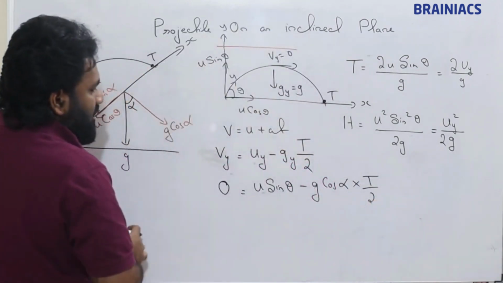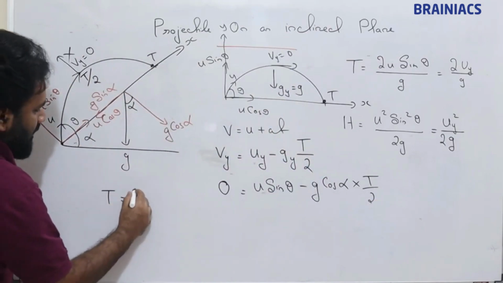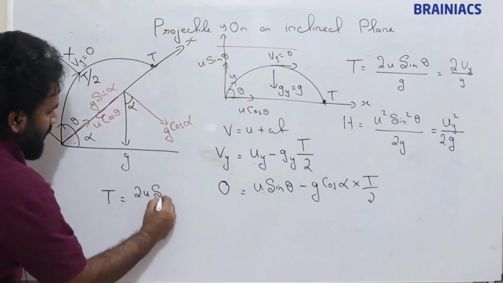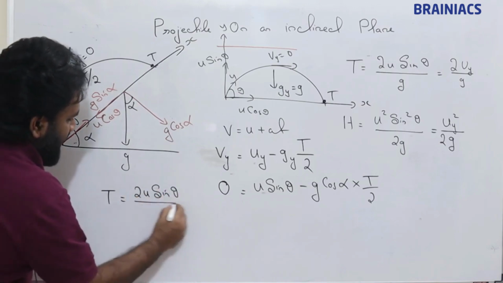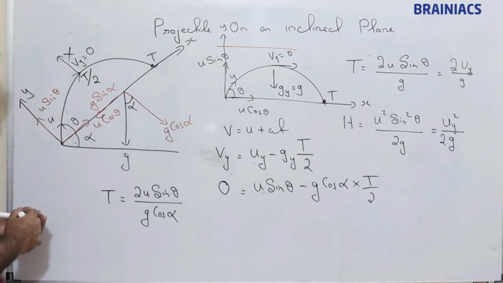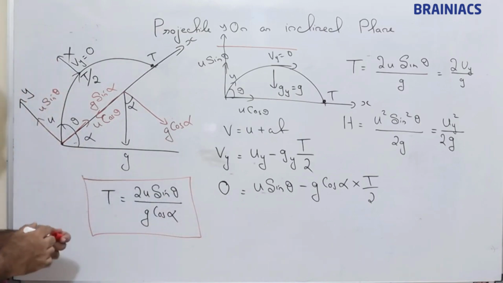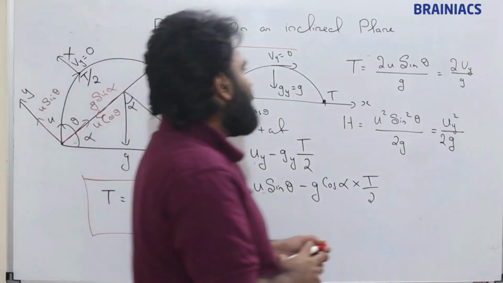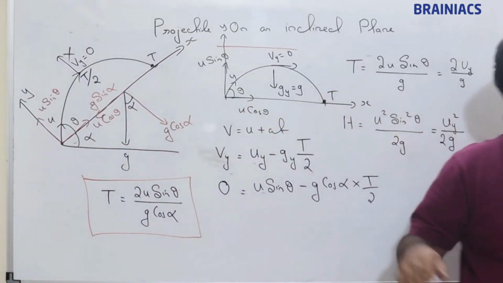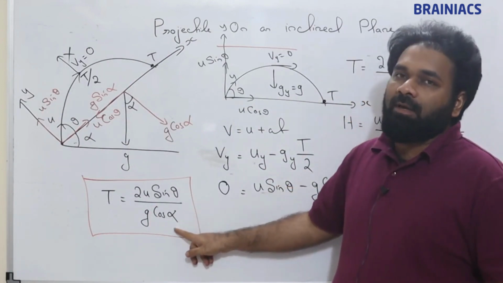So bringing this to this side, we will be getting T is equal to 2u sin theta divided by g cos alpha. So this is the time of flight of the projectile on an inclined plane. The only difference that is going to come here is that instead of g we will have to take g cos alpha.